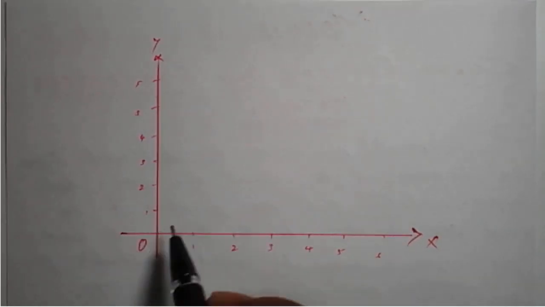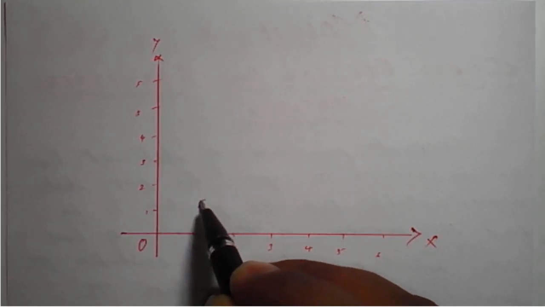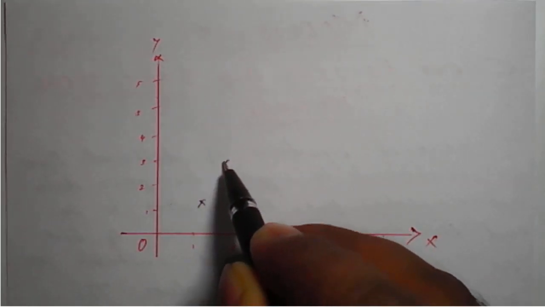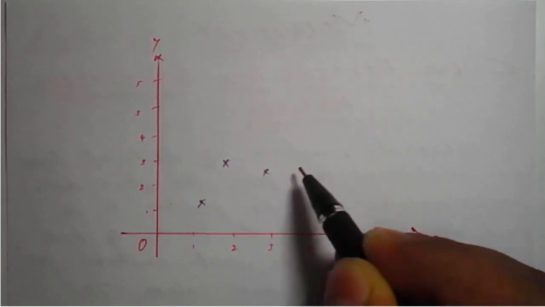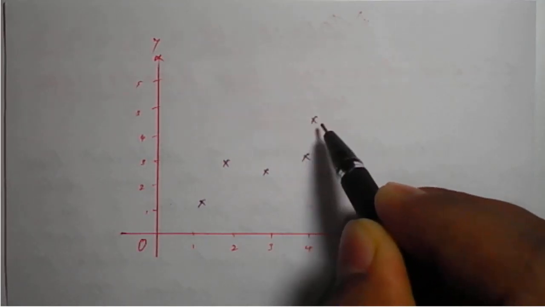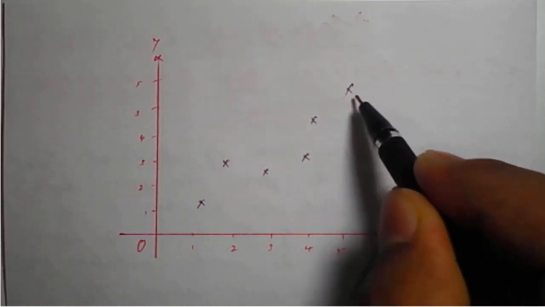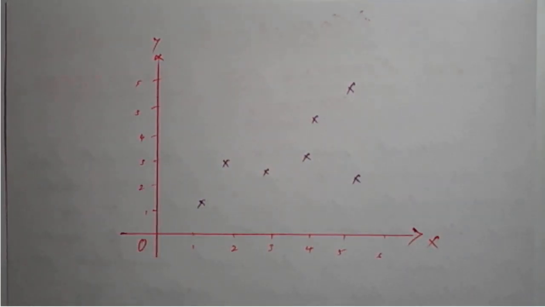You just observe here. I will take a few points somewhere here in the plane. Okay, so this is the data. From that data we have taken the points, and I will check which is the best line.